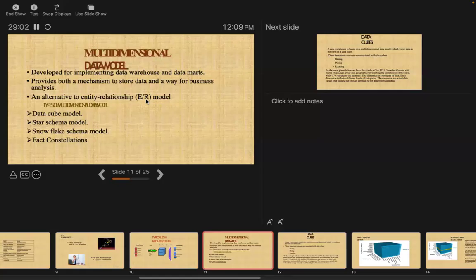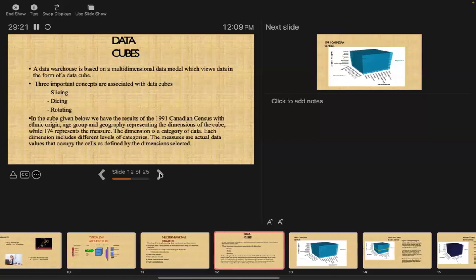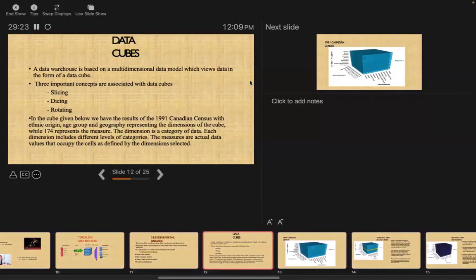And there are different models like the data cube model, then some schemas: star schema, snowflake schema, fact constellations or galaxy. So there are different schemas we use for multi-dimensional data analysis. Now, data cube is the very common one we use.